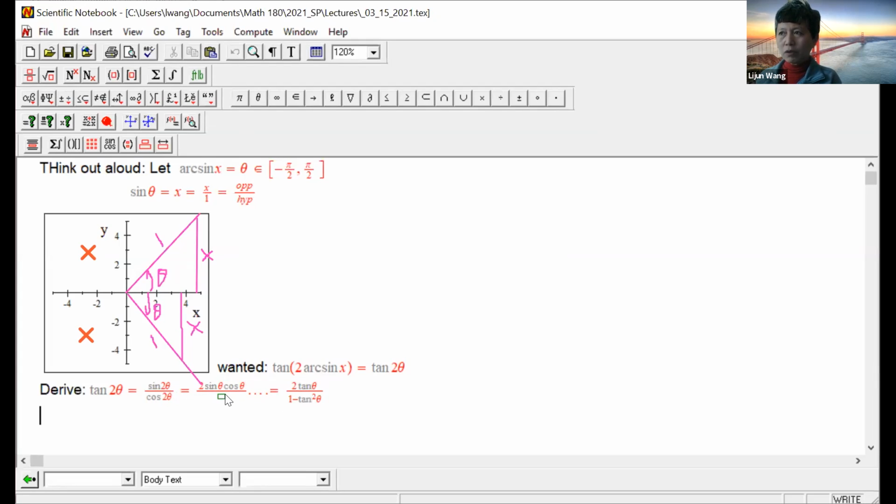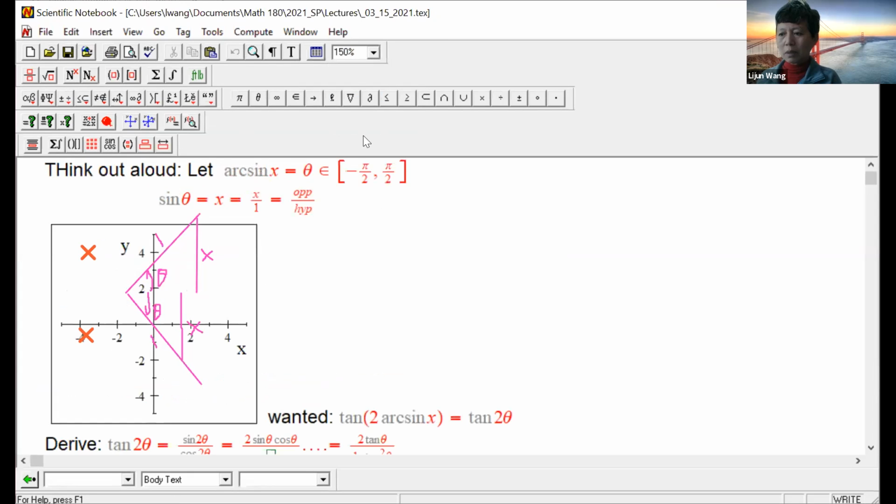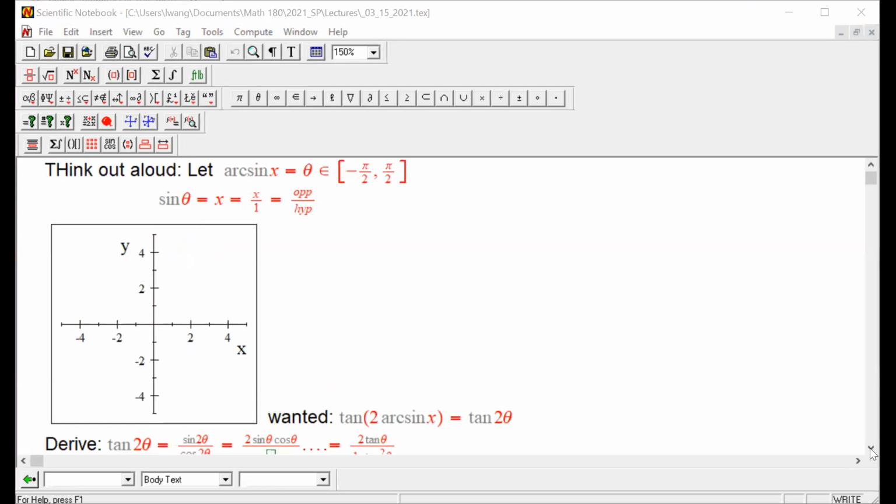Is this too small for you guys to see? Can you guys see that on your screen well? It's kind of too small. Can you zoom in? Certainly, that's what I'm asking. How about that? Is it better? Is that better?